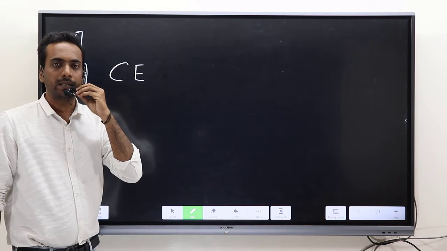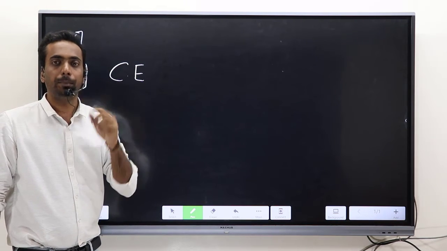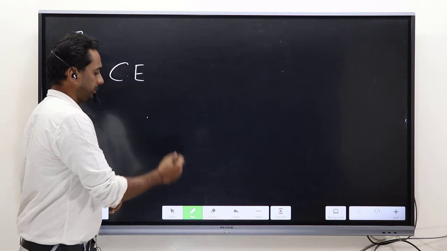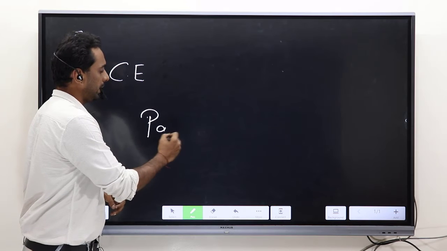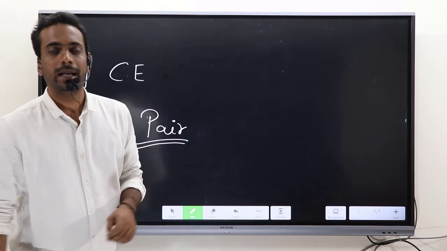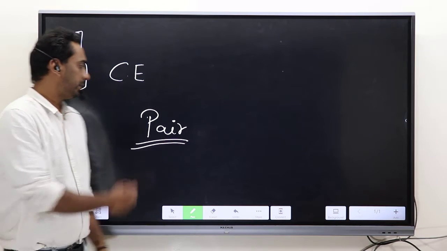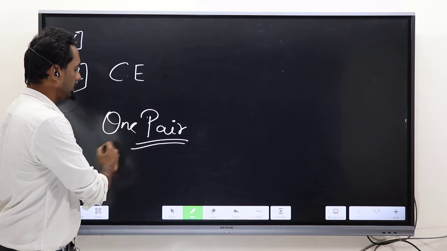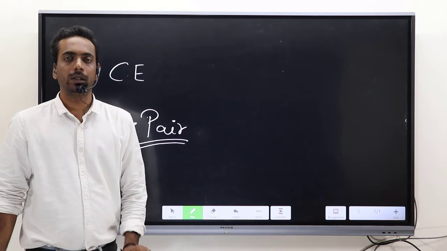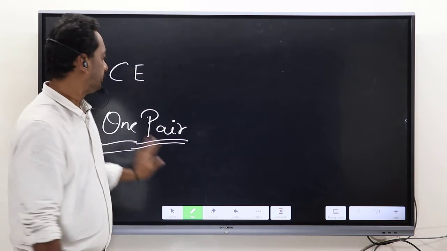It represents at least one pair, underline the word pair, P-A-I-R, pair. It represents at least one pair of poles lying on the imaginary axis.